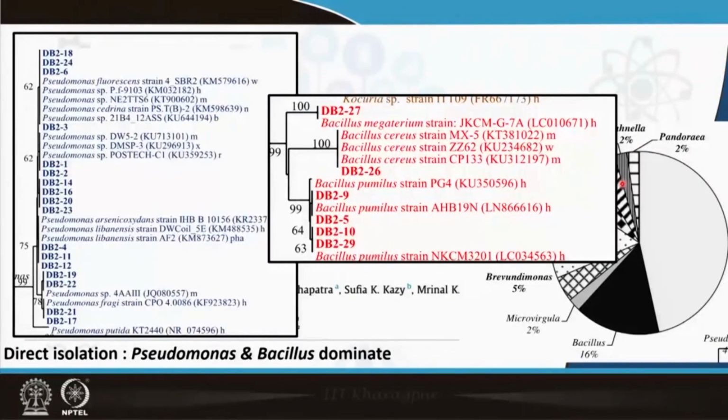Now, here is a very interesting fact: when you go for direct isolation, as I mentioned, the sample was taken, diluted and spread onto the agar medium, we found that it is basically Pseudomonas and Bacillus which could grow as individual colonies, and we were able to isolate them. So it is basically only two genera, Pseudomonas and Bacillus, that were there as cultivable members when we performed the direct isolation.